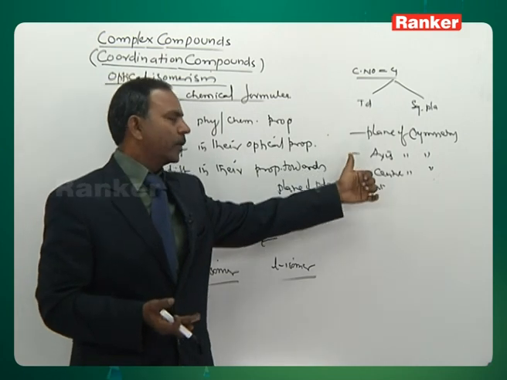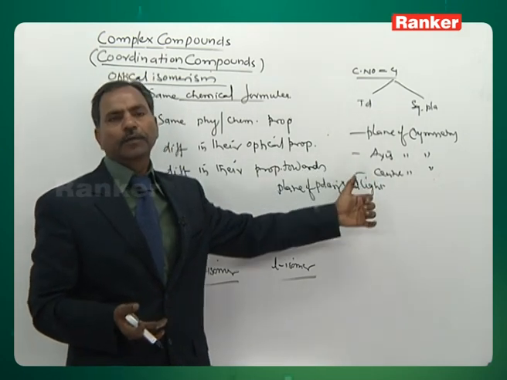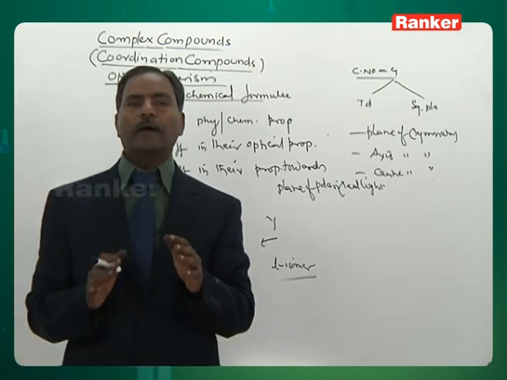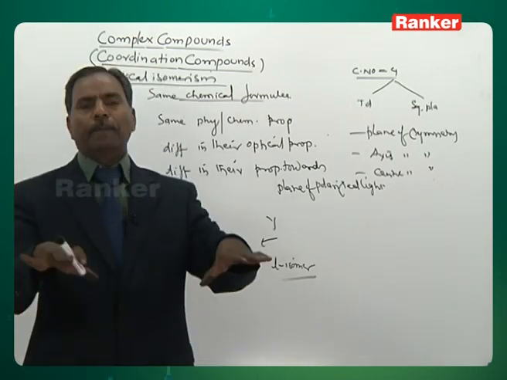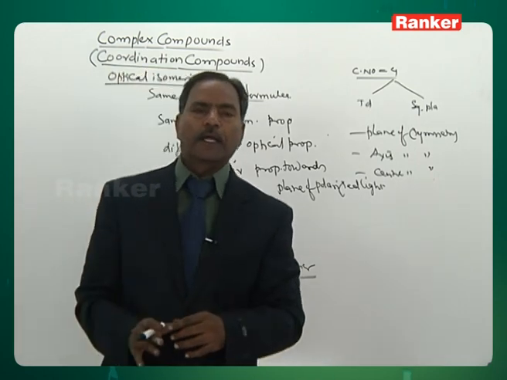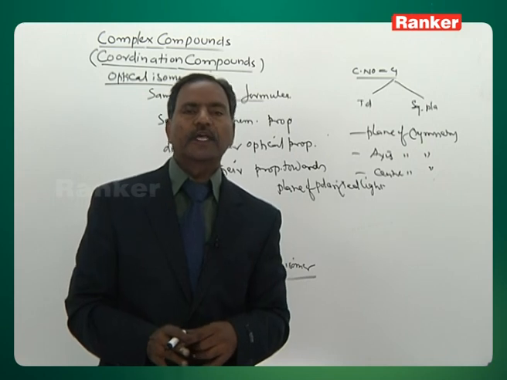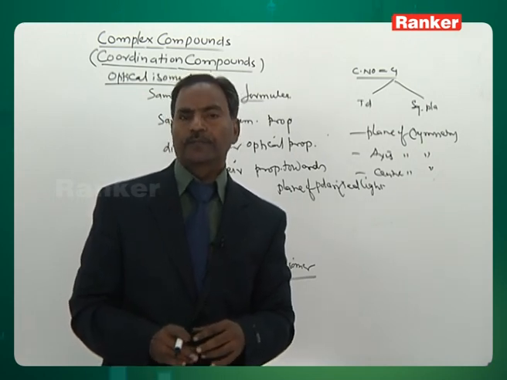Therefore, square planar geometries are optically inactive. Imagine a plane, then it cannot give a perfect mirror image. Therefore, the square planar geometries cannot exhibit optical isomerism.